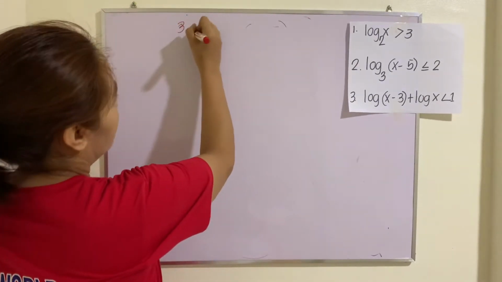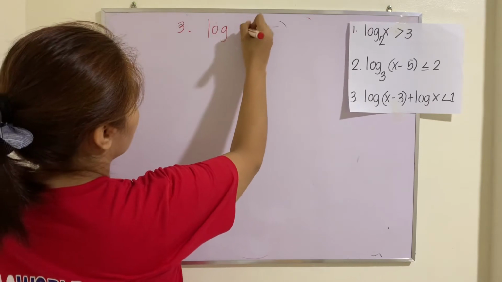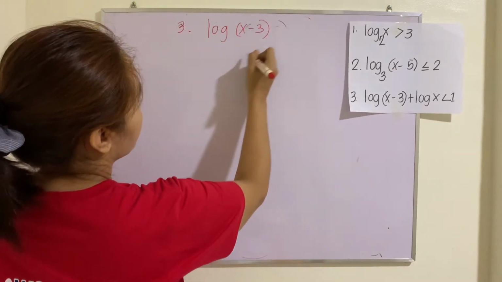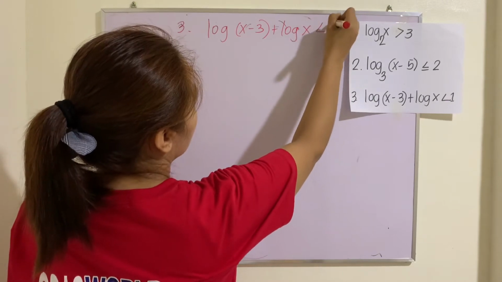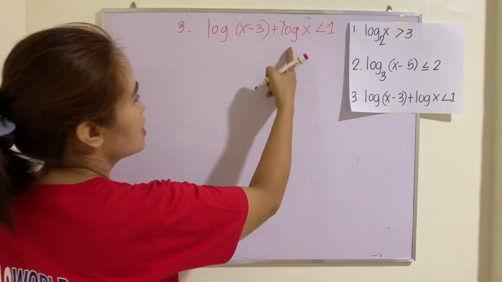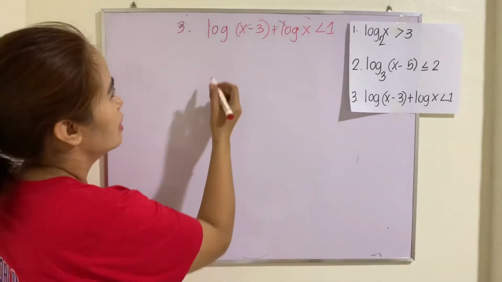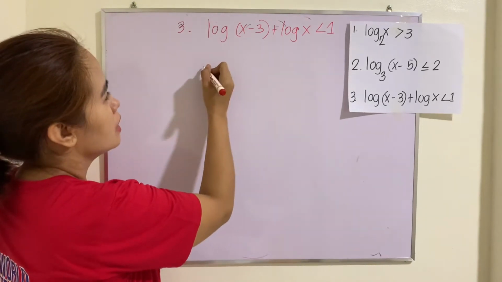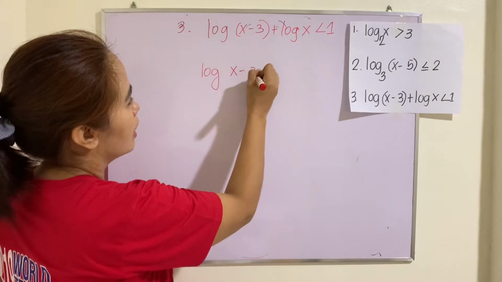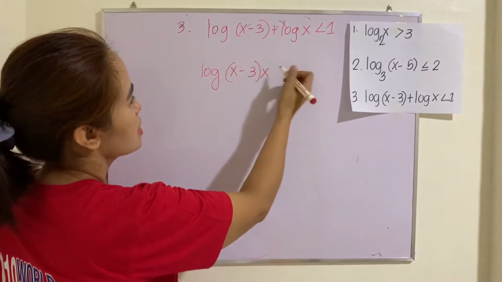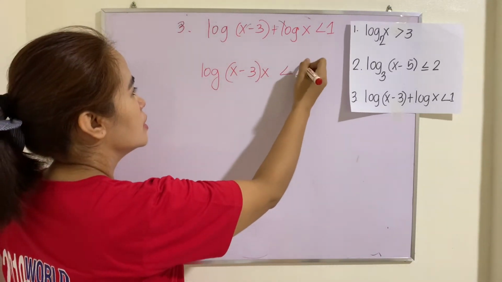We have log of x minus 3 plus log of x less than 1. There's no base, meaning this is base 10. So this one is plus, meaning we can multiply them. That is log of x minus 3 times x is less than 1.